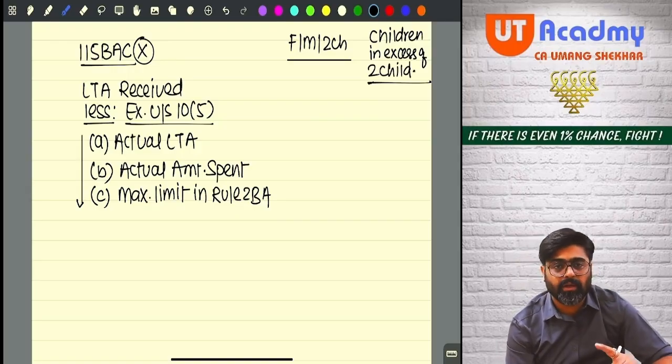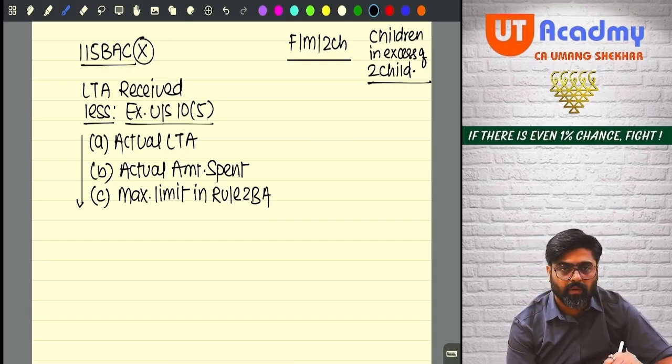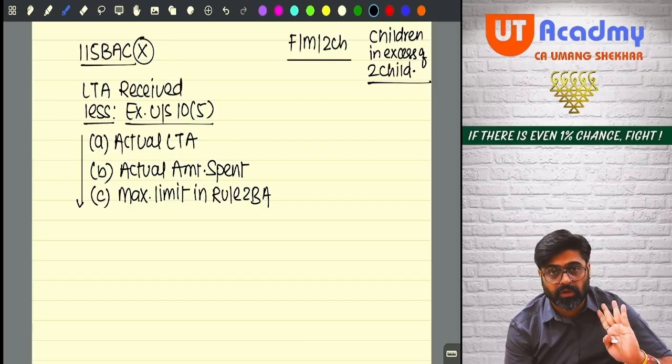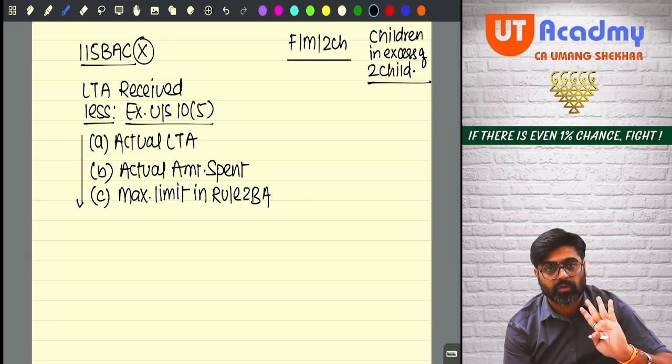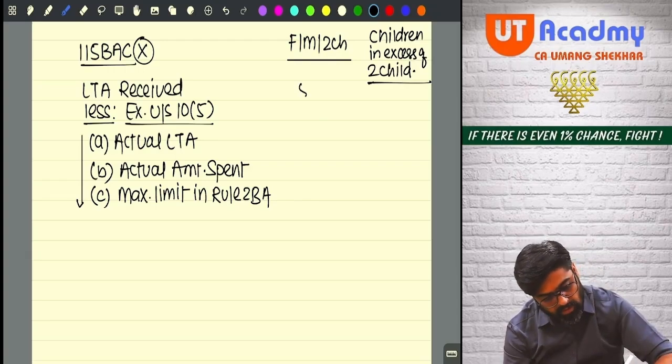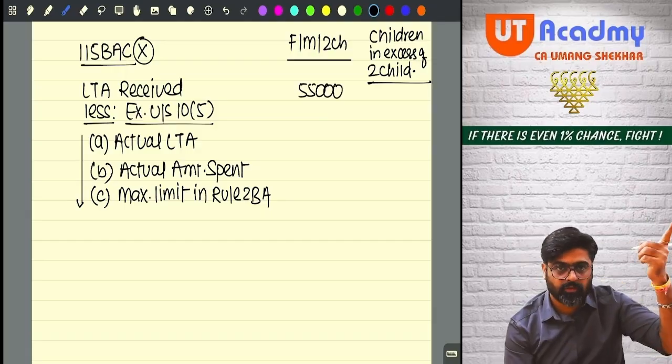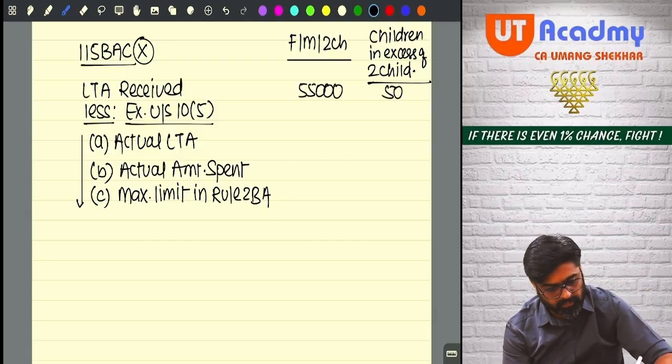See, for father and mother it is 45 and for all the 3 children it is 15. So I am supposed to take only 2 children. So for father, mother 45 and for 2 children 10,000. So it was 55,000. For one child the LTA was 5,000. That I am going to write here.